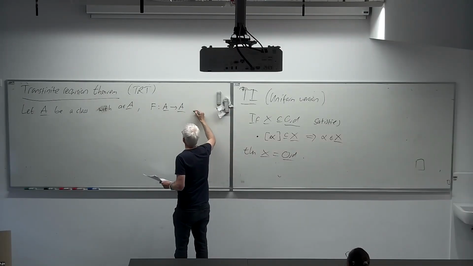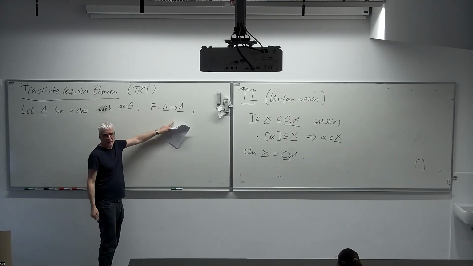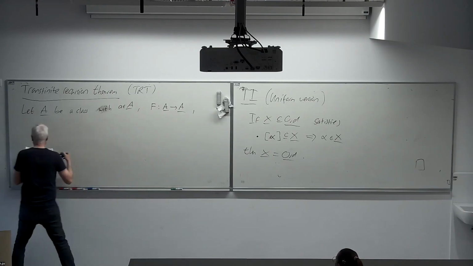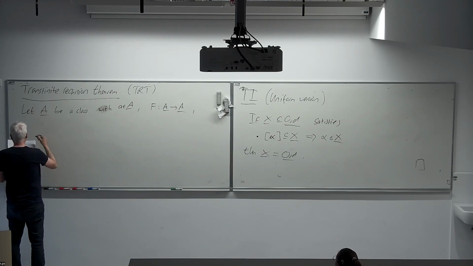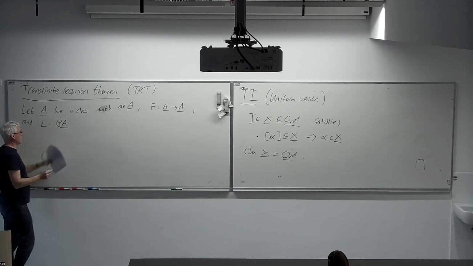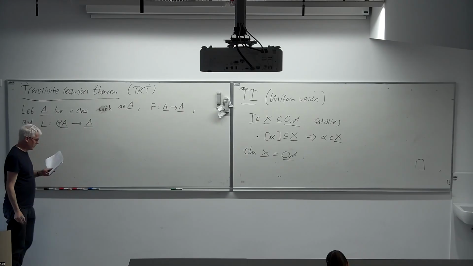So this is the function we're going to iterate, but we need a third piece of data to deal with the limit ordinals. For that, we ask for a function L that maps every subset of A, so from the power class of A, to A.